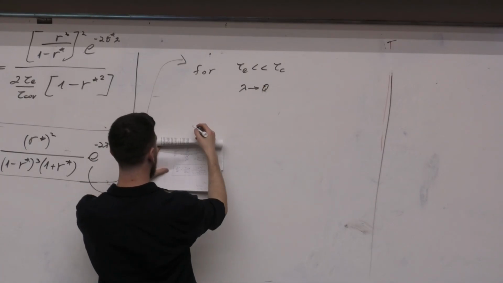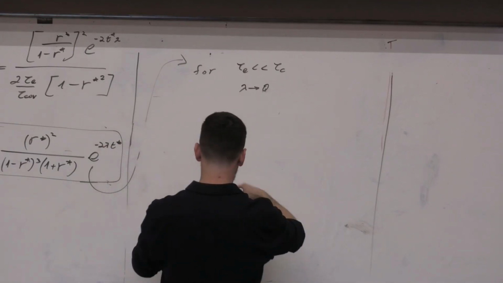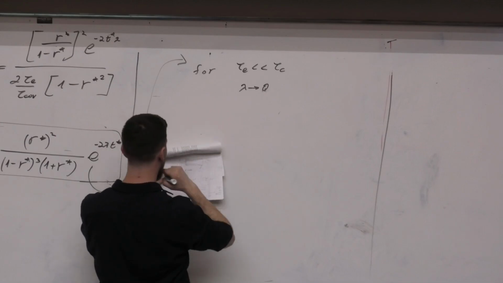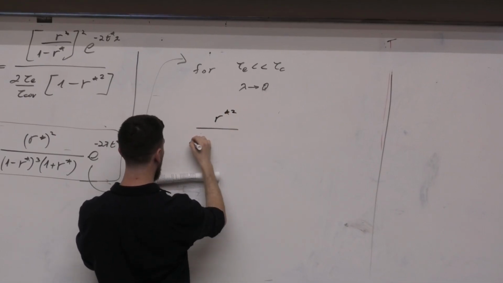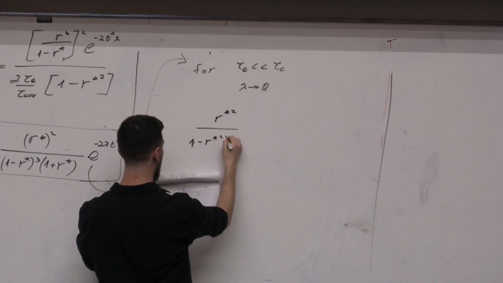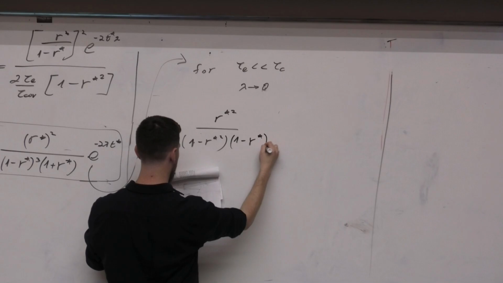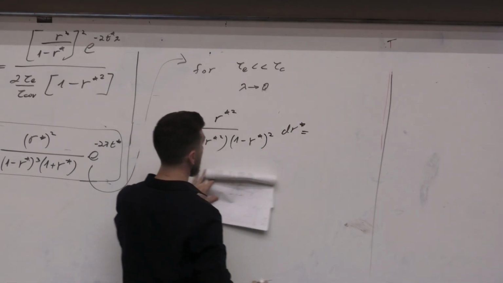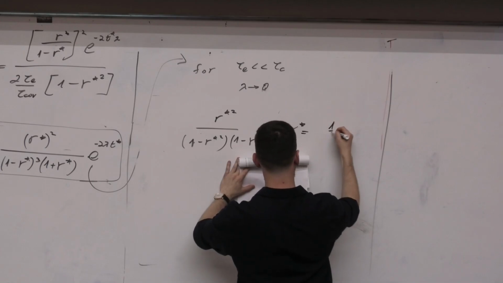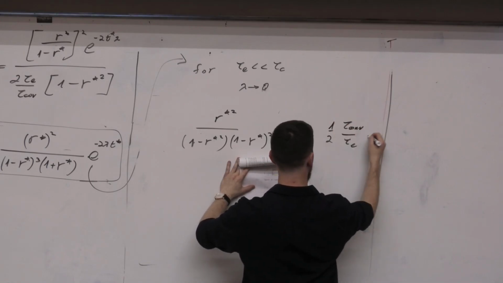And for that, we don't have this term. And then we can use variable separation. We can use R star squared divided by 1 minus R star squared. If I want to solve it, dr and half tau conv over tau E dz.